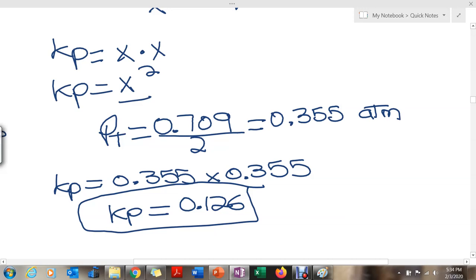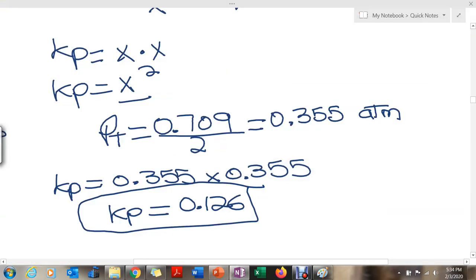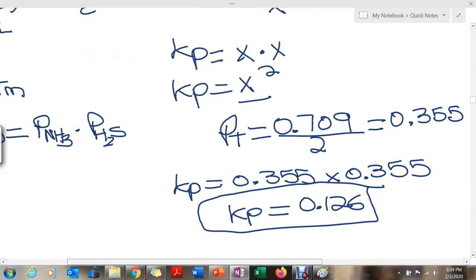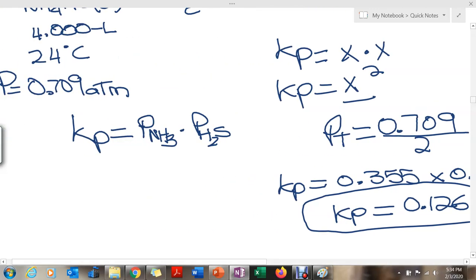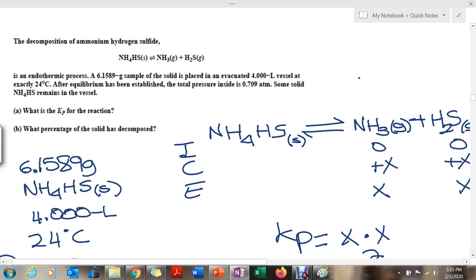The next question is going to say, what percentage of solid has decomposed? Well, you have the initial mass.